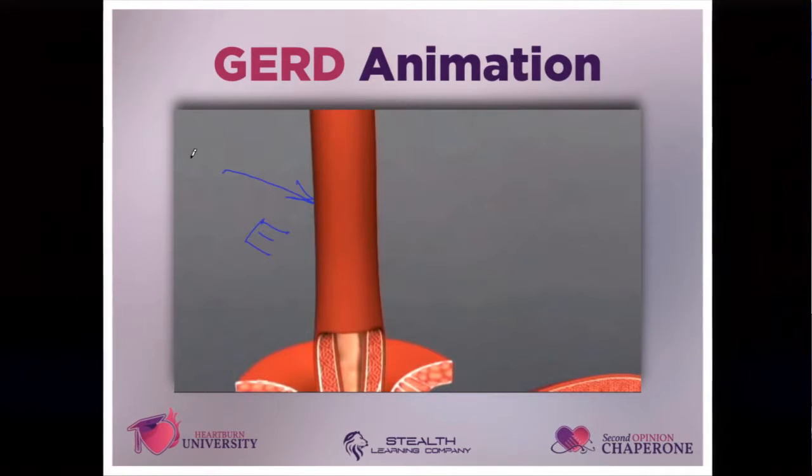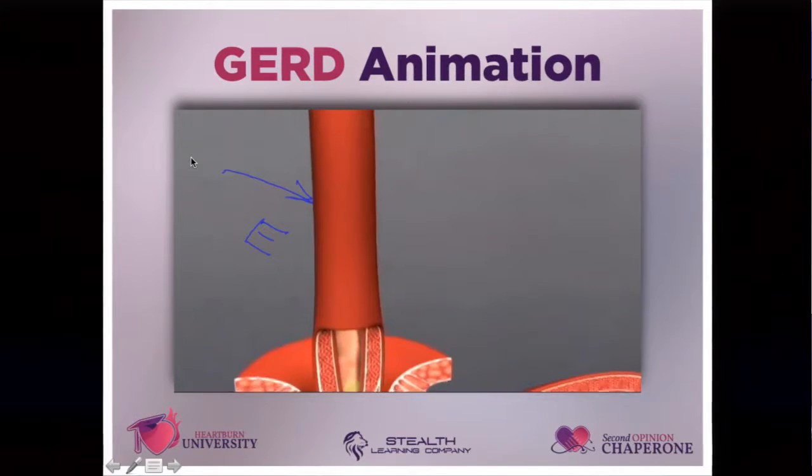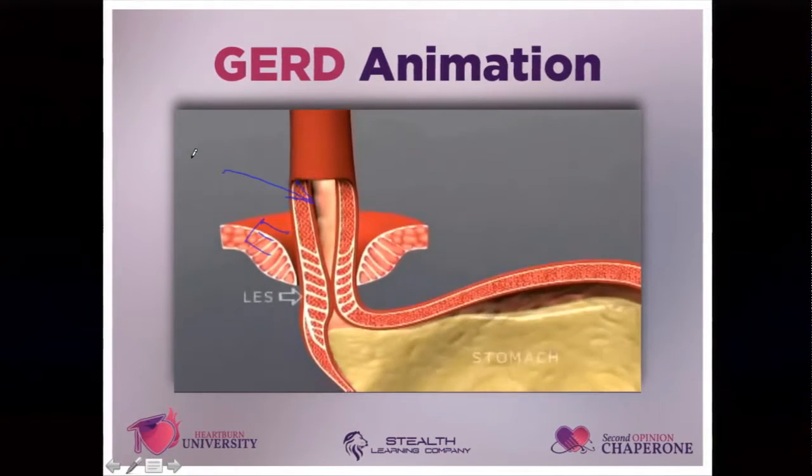All right? Now, as the food goes down even more, you enter into another zone here of things I want you to know about. Here we have that sphincter right here with these little striations here to represent a muscle.